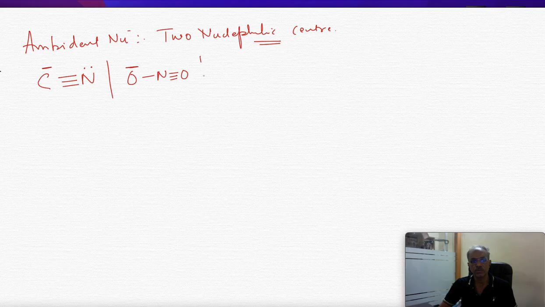This is isonitro. Then O minus dash S, O, then dash OH, and this. Fine. This has a lone pair of electrons. So it has two electron rich centers.